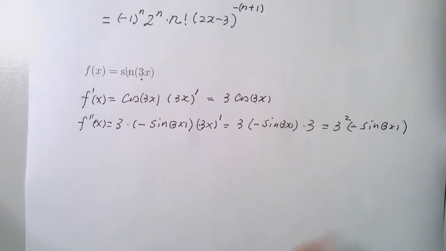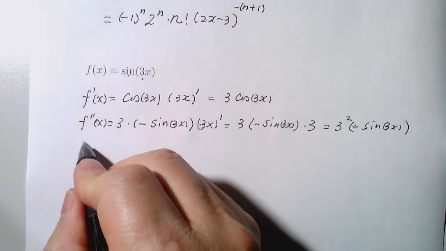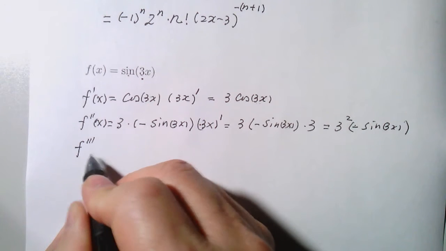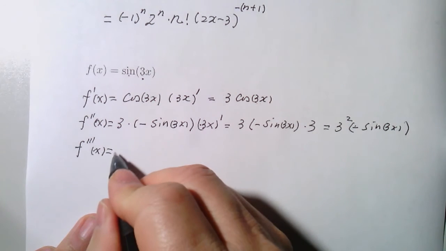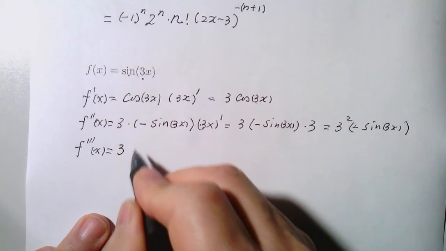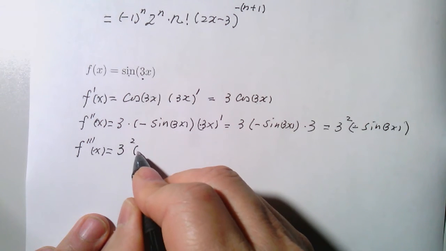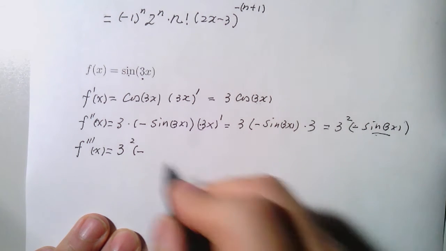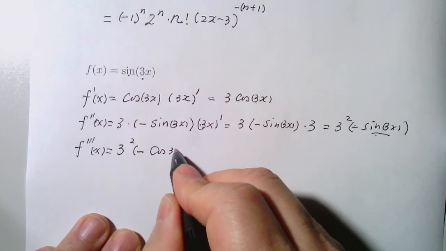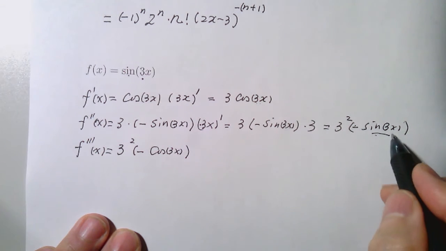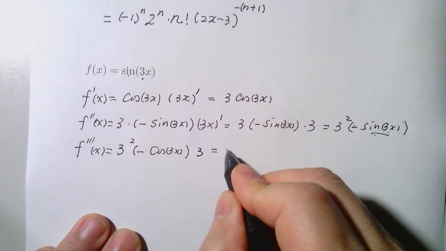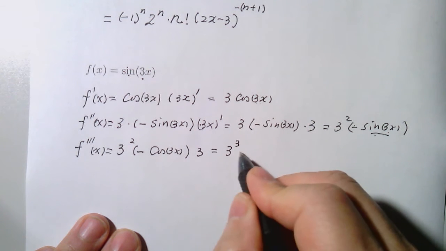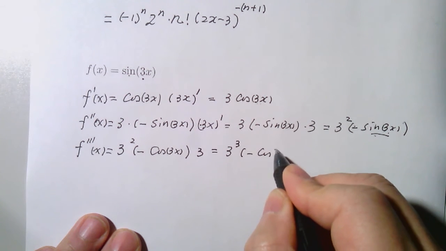Okay, now let's take a look at the third. You have 3 squared, and the derivative of negative sine is cosine. Same thing, the 3x derivative generates another 3 here. You have 3 cubed negative cosine 3x.